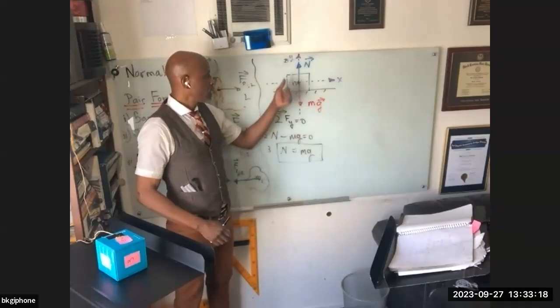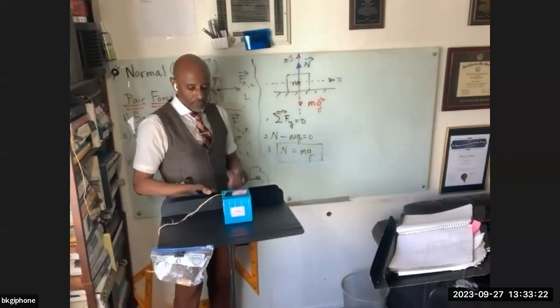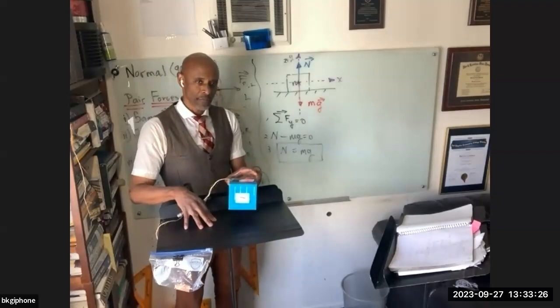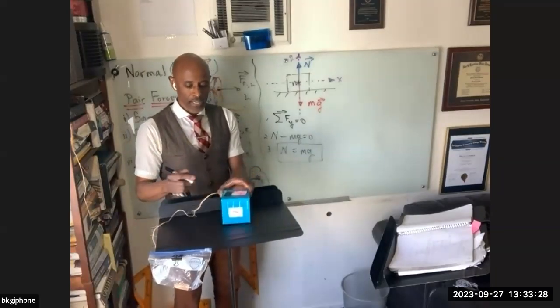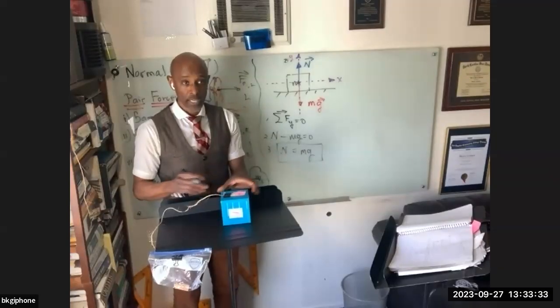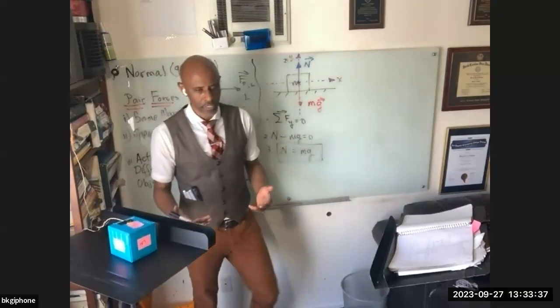As we were just saying, the normal force is coming from the tabletop. If there were no contact between the block and the tabletop, there would be no normal force, right? Let's make it physical. Let's throw in another sense.